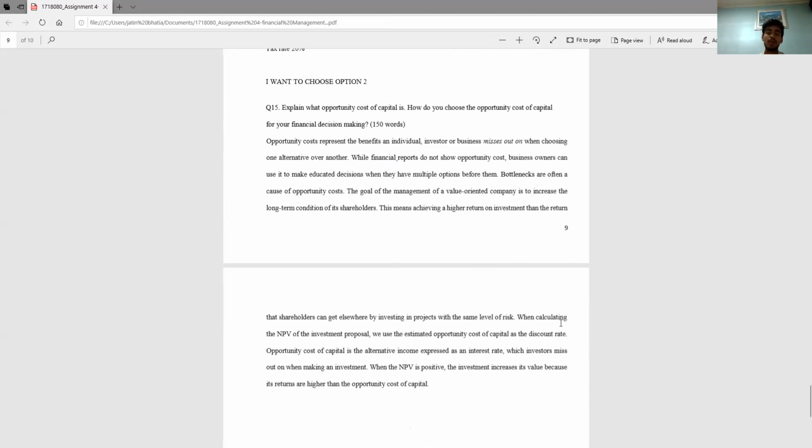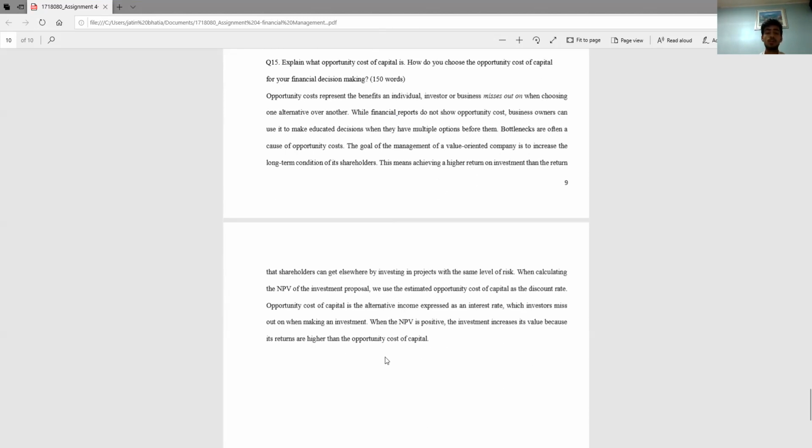When calculating the NPV, net present value, of an investment proposal, we use the estimated opportunity cost of capital as the discount rate. Opportunity cost of capital is the alternative income, expressed as the interest rate, which an investor misses out on when making an investment.